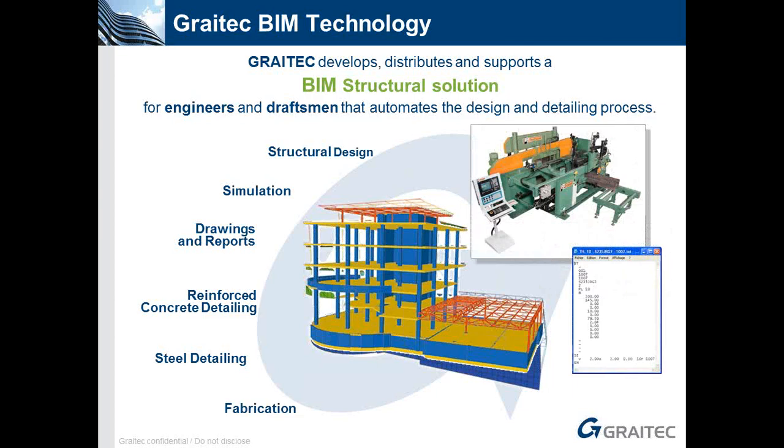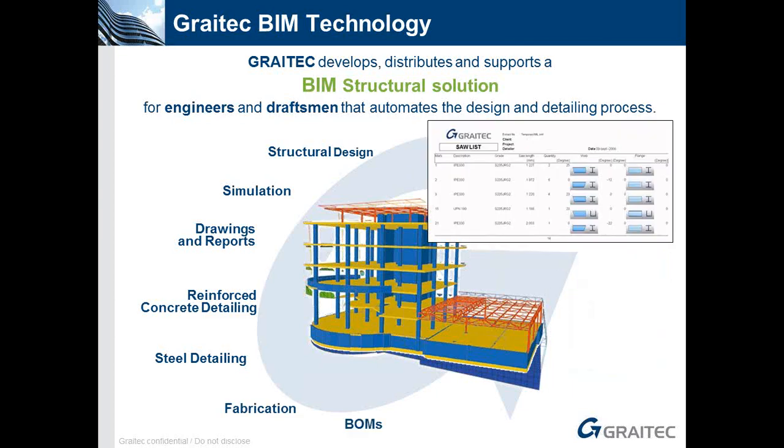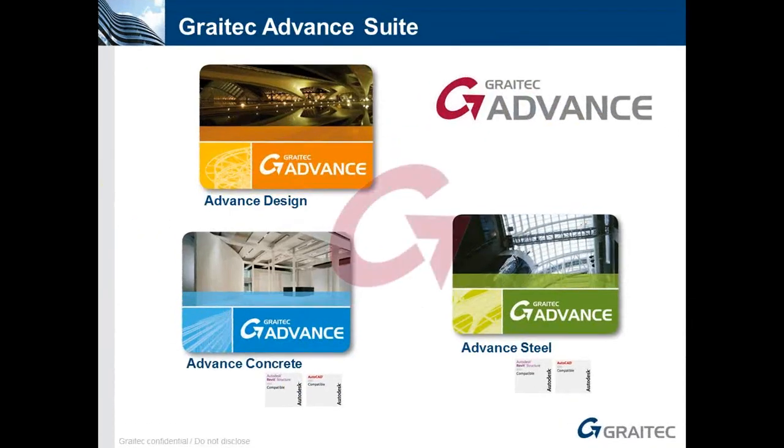We also automatically generate the NC fabrication files to feed the fabrication machines, beam lines, and laser cutters, as well as detailed bills of materials. This structural BIM technology is enabled through our Graitec Advance suite of software, composed of Advance Design for analysis, Advance Concrete for concrete detailing, and Advance Steel for steel detailing.